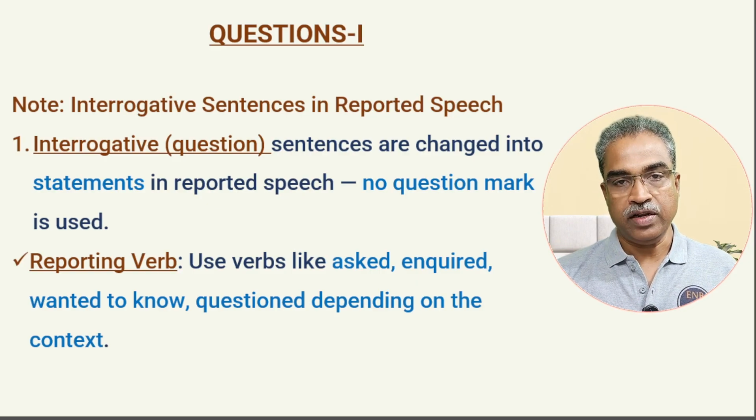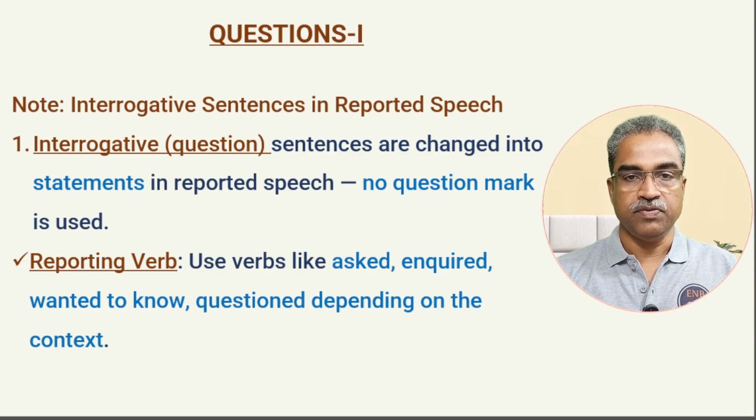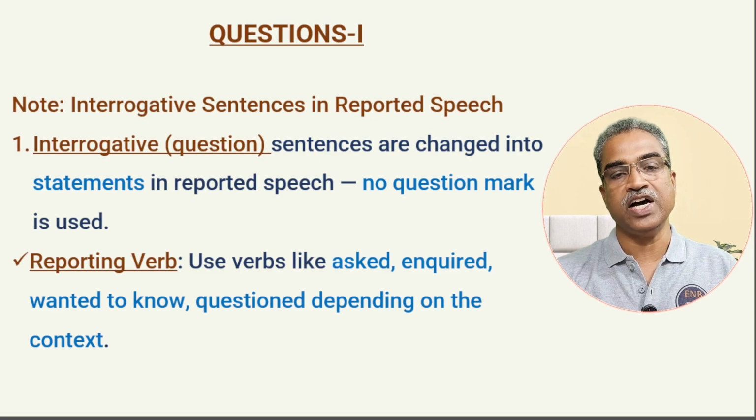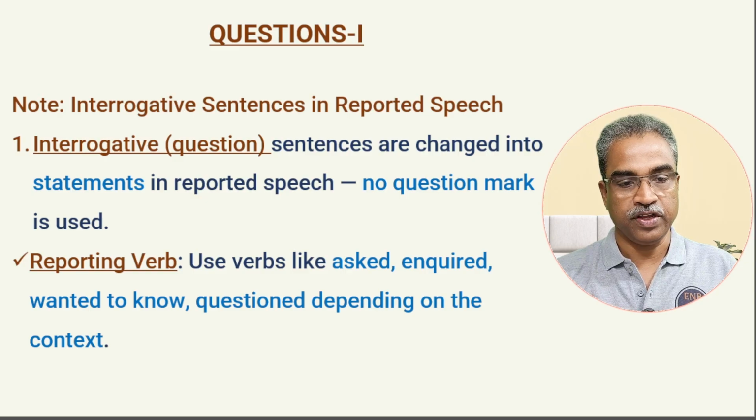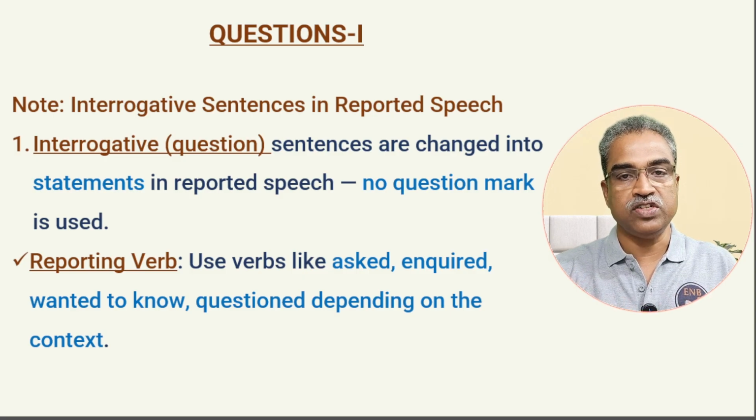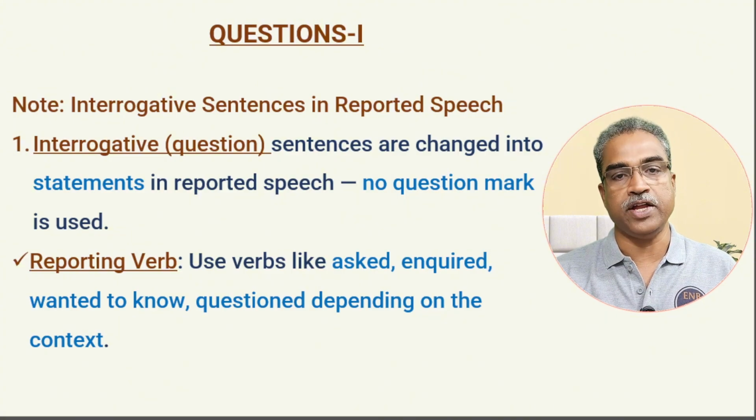I already told in the first video of reported speech that all sentences, whether they are imperative, questions, exclamatory, or statements, will be changed into a statement in the indirect speech. So here, there are question marks in the question. That question mark is dropped and the question format is changed to a statement format, a declarative, assertive sentence format.